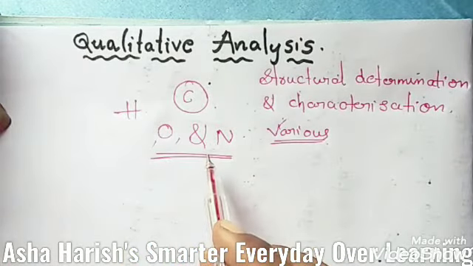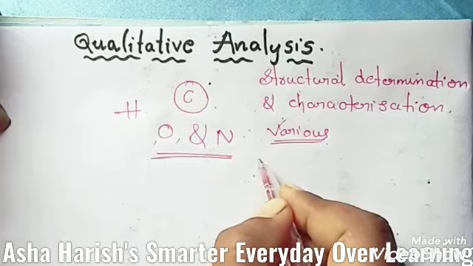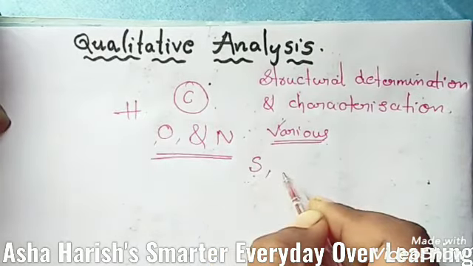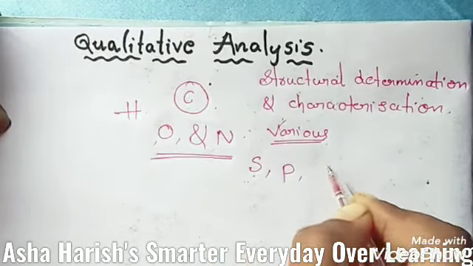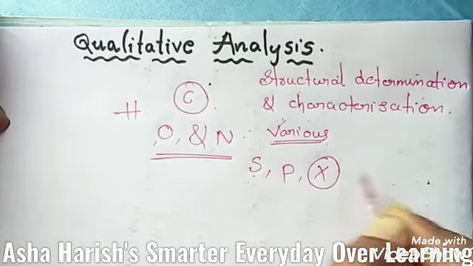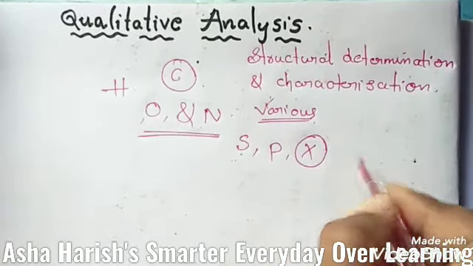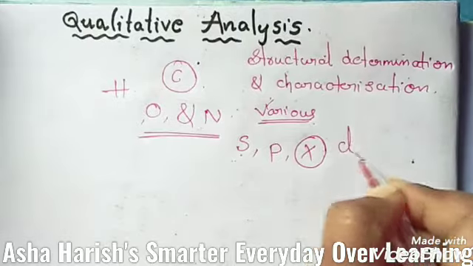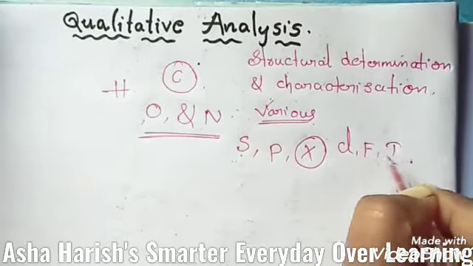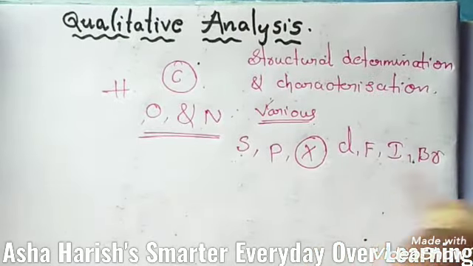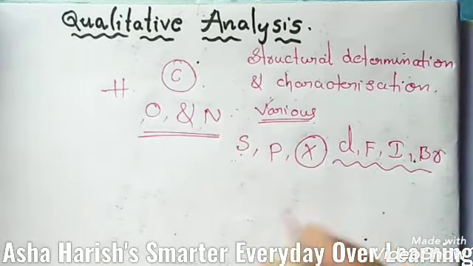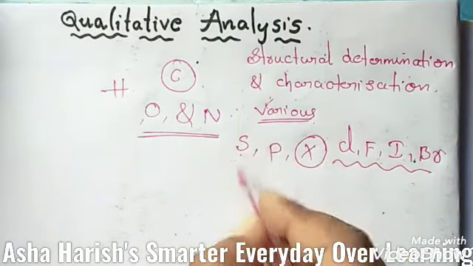Specially, a few other elements such as sulfur, phosphorus and some halogens. Halogens are represented with the letter X. Here halogens are nothing but chlorine, fluorine, iodine and bromine. Some metals are also occasionally present.